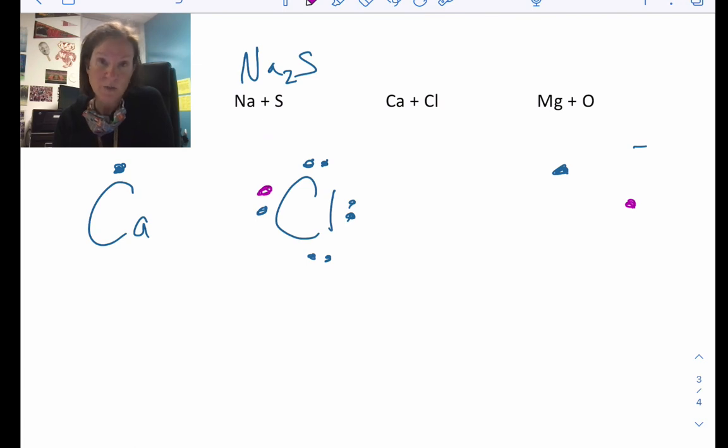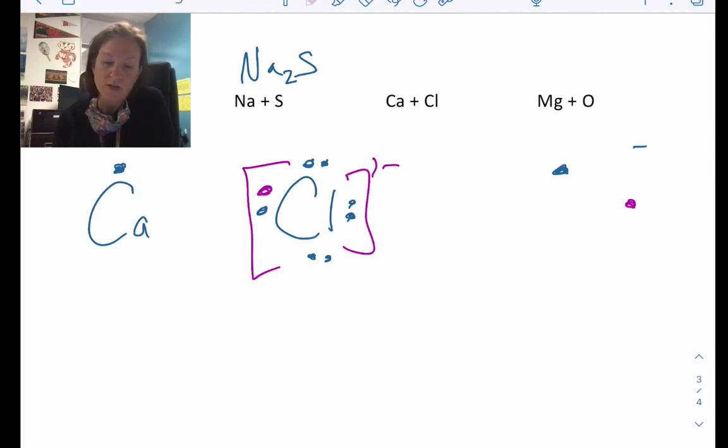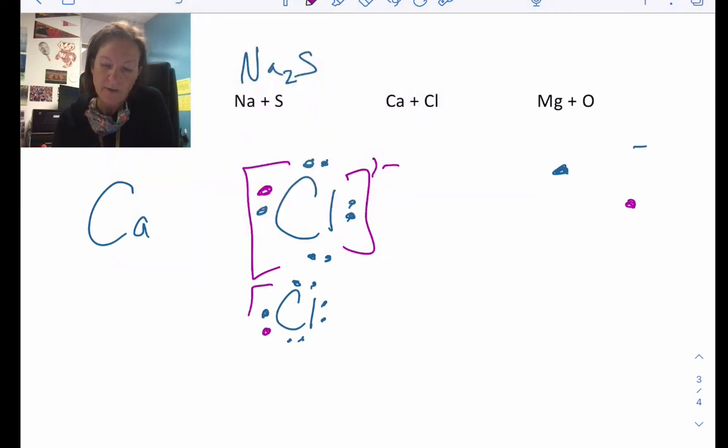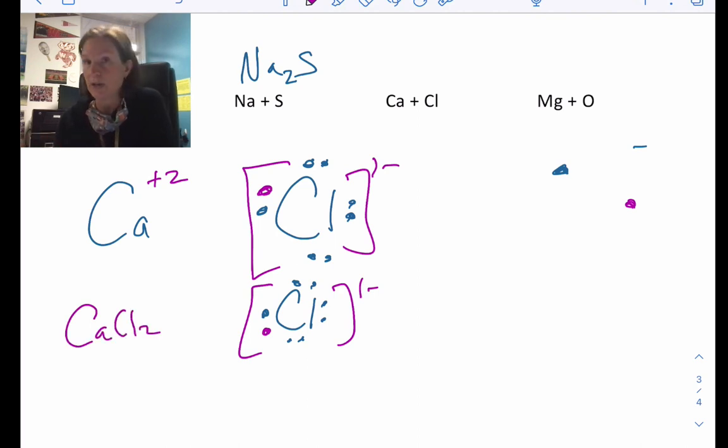Now chlorine is super happy with his -1 because he's got 8. But calcium's not happy right now. He's got this extra electron hanging out that he doesn't want. So we're going to need another chlorine with his 7 electrons in order to take 1 of calcium's, again becoming a -1, but now calcium's going to become a +2. So the formula for this, again, is not a 1-to-1 ratio, it's a 1-to-2 ratio.